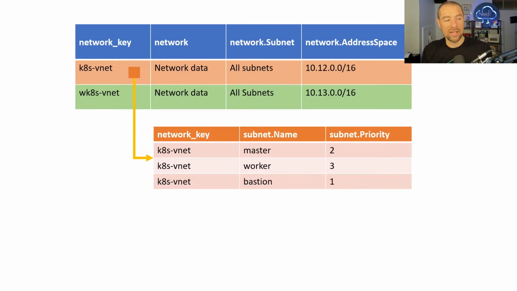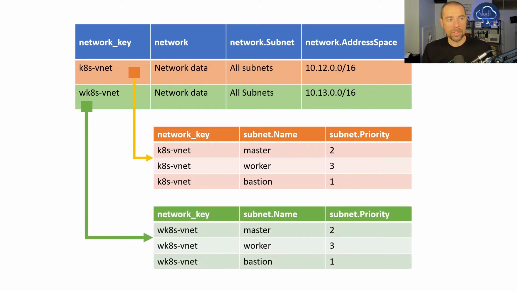So the network key that you'll see is going to be kates-vnet because that's coming from the outer loop into the inner loop. Subnet.name I can use because I'm going to use the keyword subnet inside my inner loop, and subnet.priority I can get to by referring to subnet.priority in my inner loop. And then we'll run a second loop, and that's going to be for the w-kates-vnet, and we'll output separate information for that. Okay, so that is what we're doing in a more visual representation.